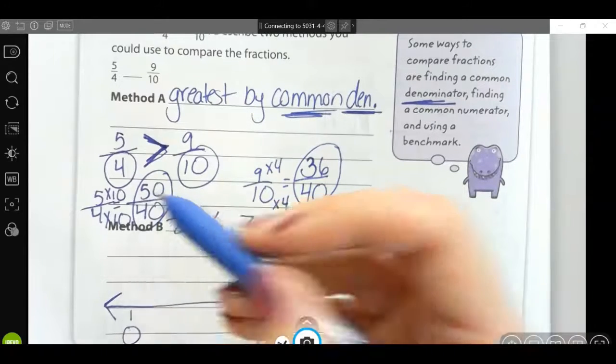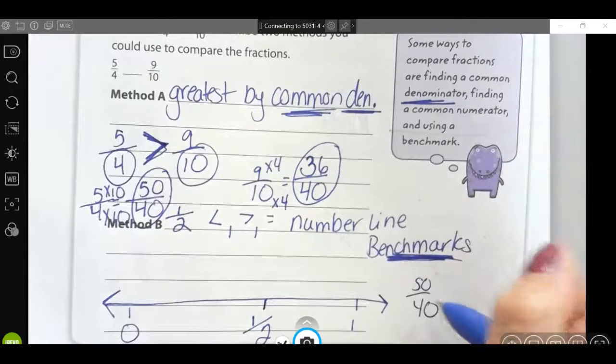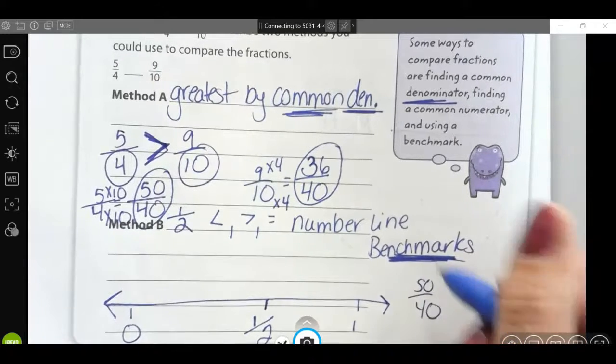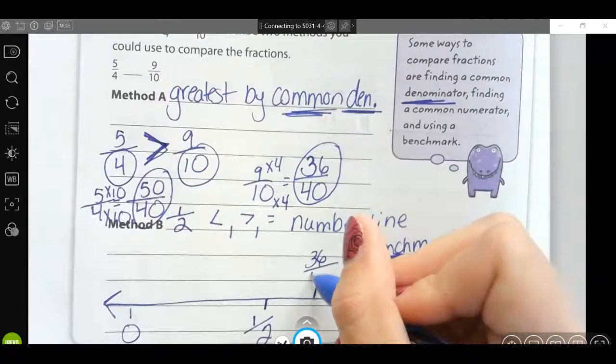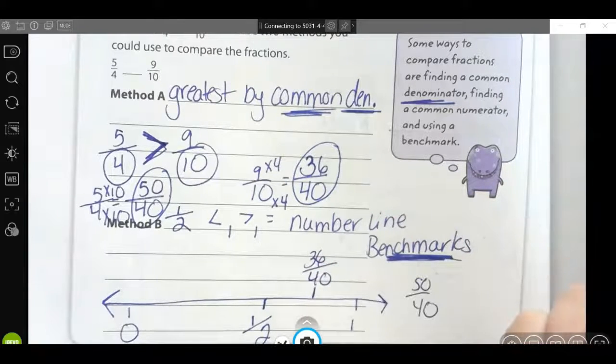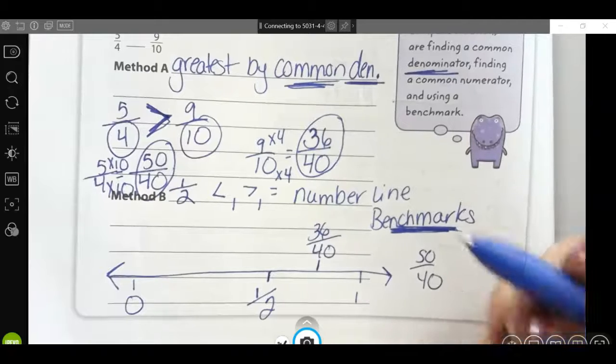Yeah, because the numerator is greater. So 50/40 would be like over here. And 36/40 would be like right here. So which is still greater? 50/40, yeah.